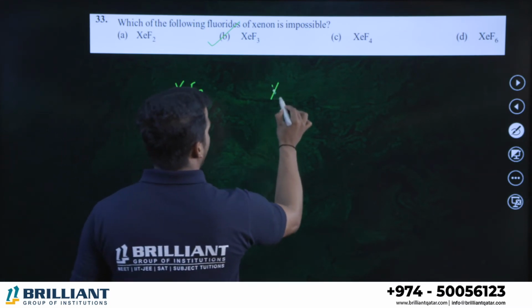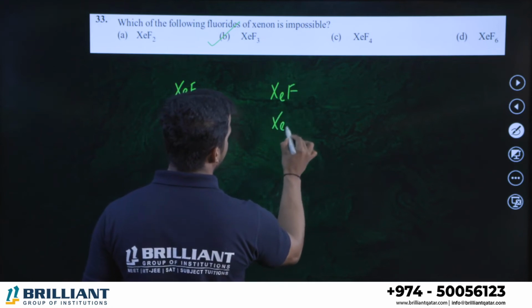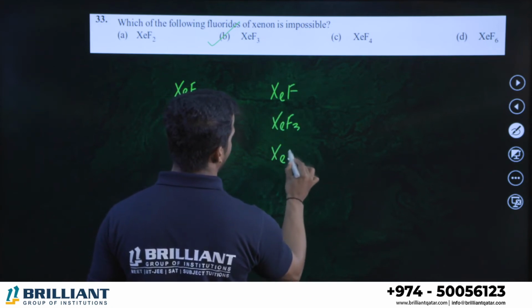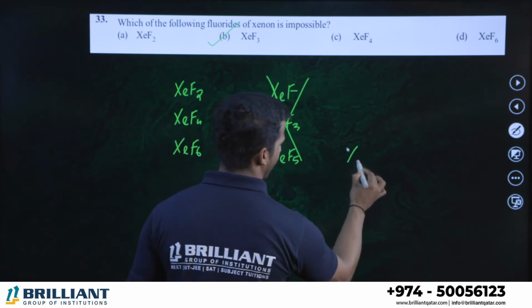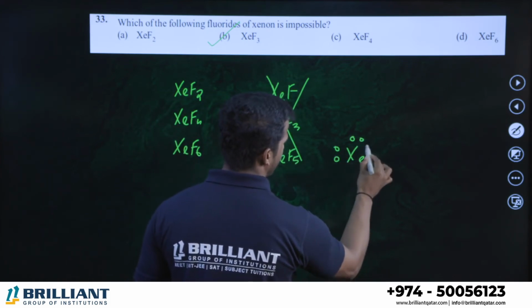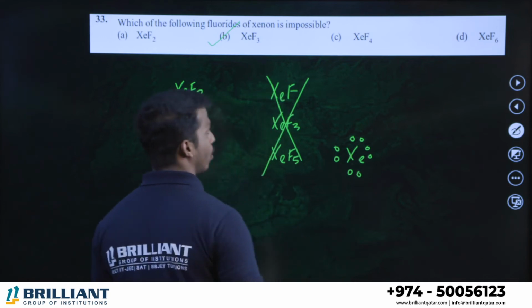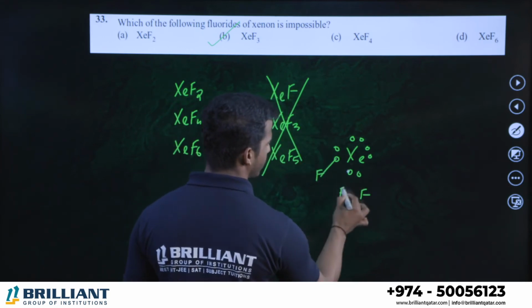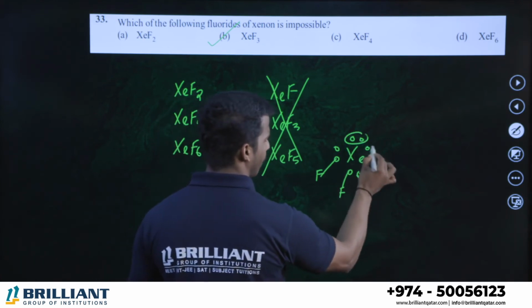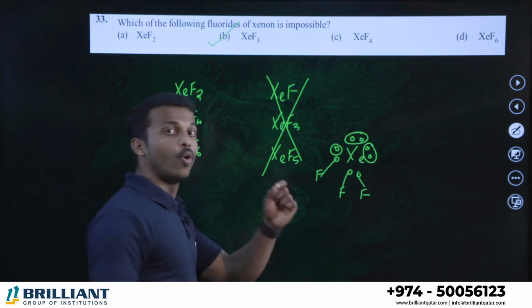Therefore, XeF3, XeF5, these kinds of compounds do not exist. You know the reason very carefully. Xenon has 8 valence electrons. Suppose it is surrounded by 3 fluorine. Each fluorine needs 1 electron, leaving a lone pair and just 1 odd electron.